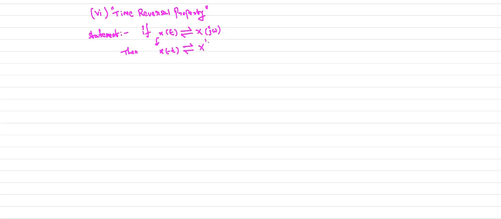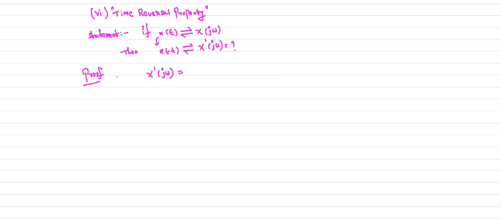Then what is its corresponding Fourier transform? You need to find X dash of j omega. Now all of you know the formula for the Fourier transform. So what is X dash of j omega?